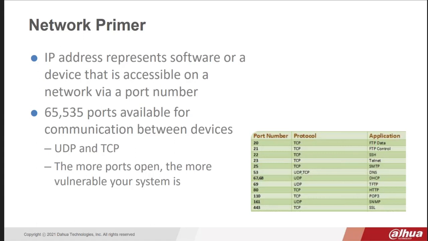If that piece of hardware is going to operate as an email server, then you're going to probably want to have port 25 and port 110 to facilitate that for SMTP and POP3. So this is just kind of a sampling of some popular ports that are in use in different devices.